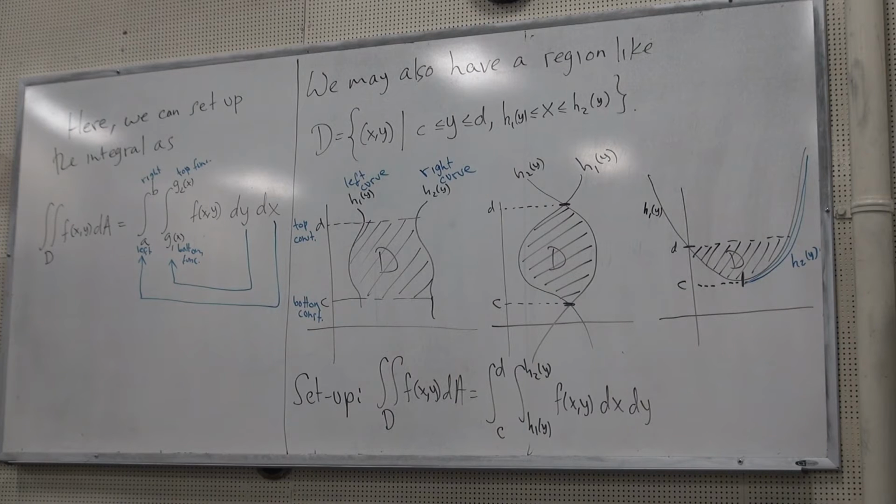Constants on the outer integral. Always. Single variable functions on the second integral. Always. Even though they might look like they're constants here, you have to think of them as functions. They're single variable functions.